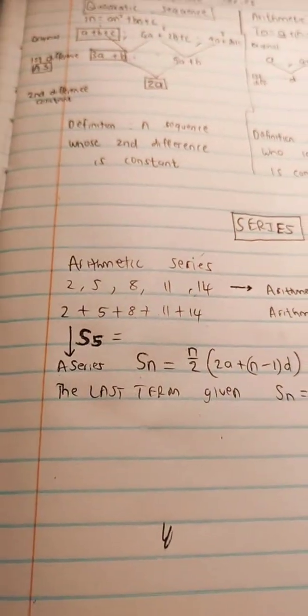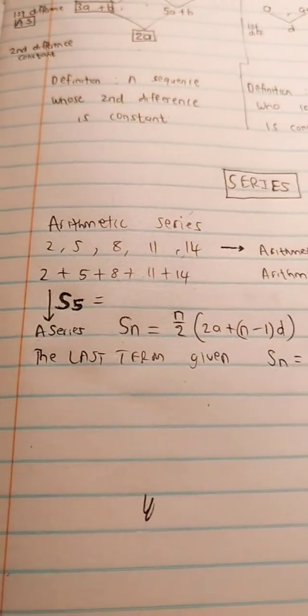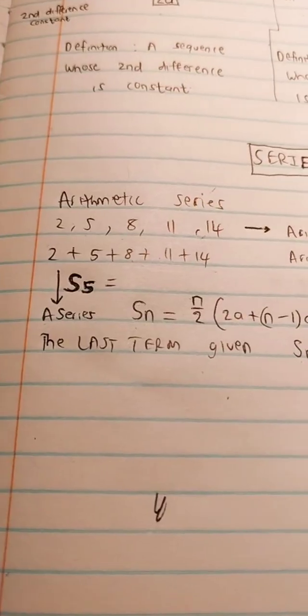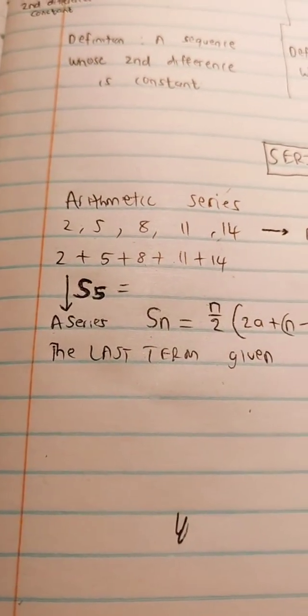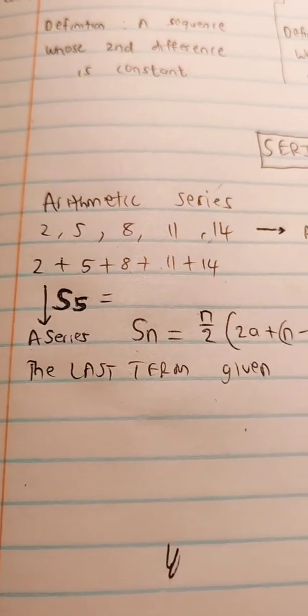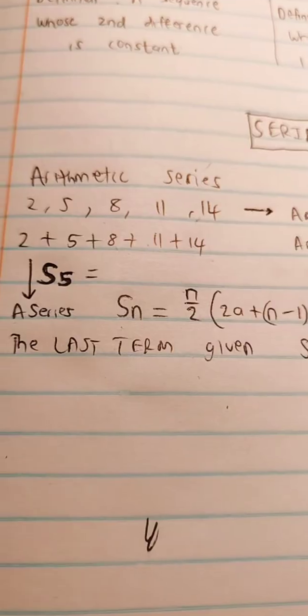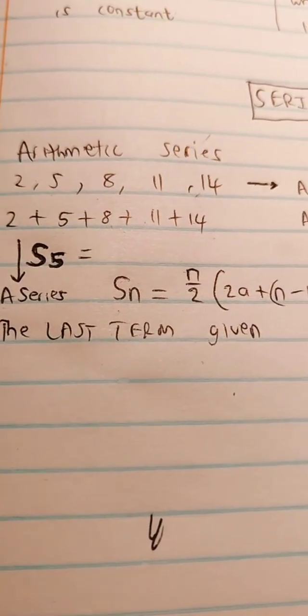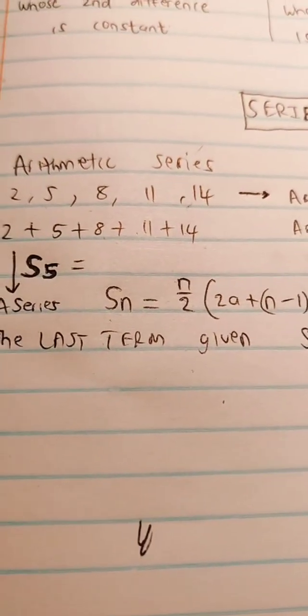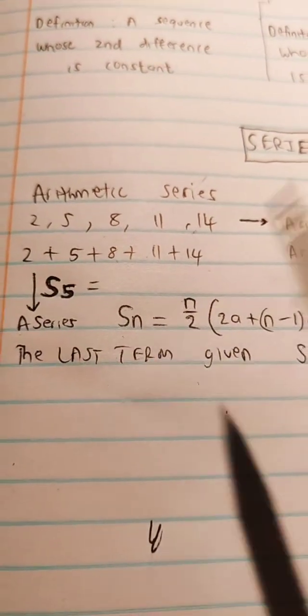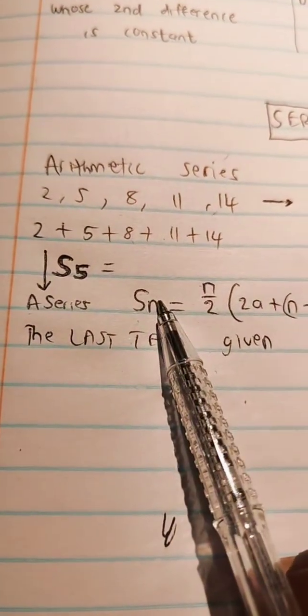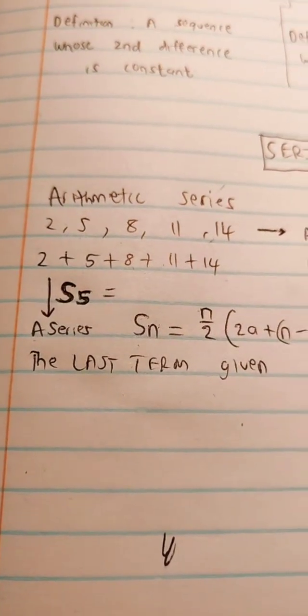Okay, guys, it's fine that you are lost. You need to be lost in order to be found. So I'm going to look at it again. What did I say to you? I am saying to you the formula for the sum of the n terms. Guys, remember, n simply means number of terms.